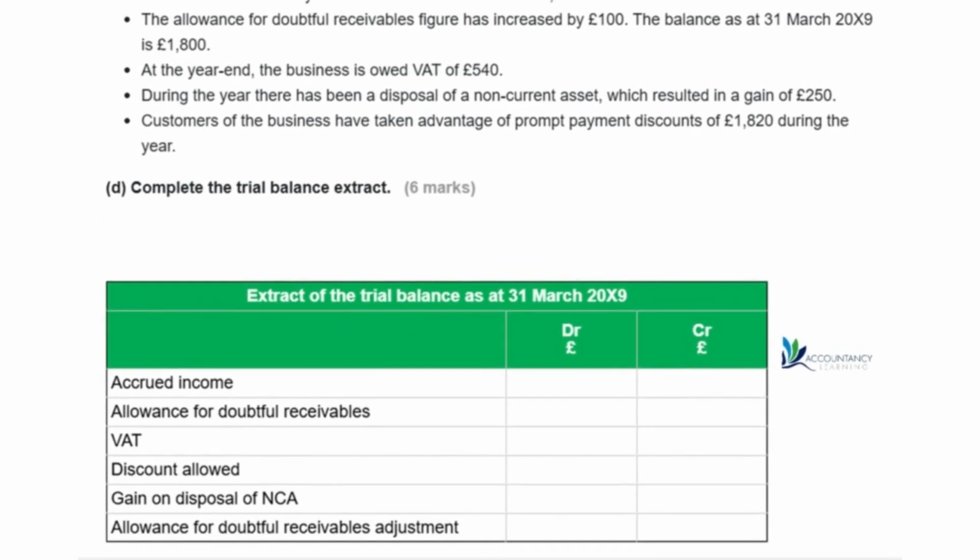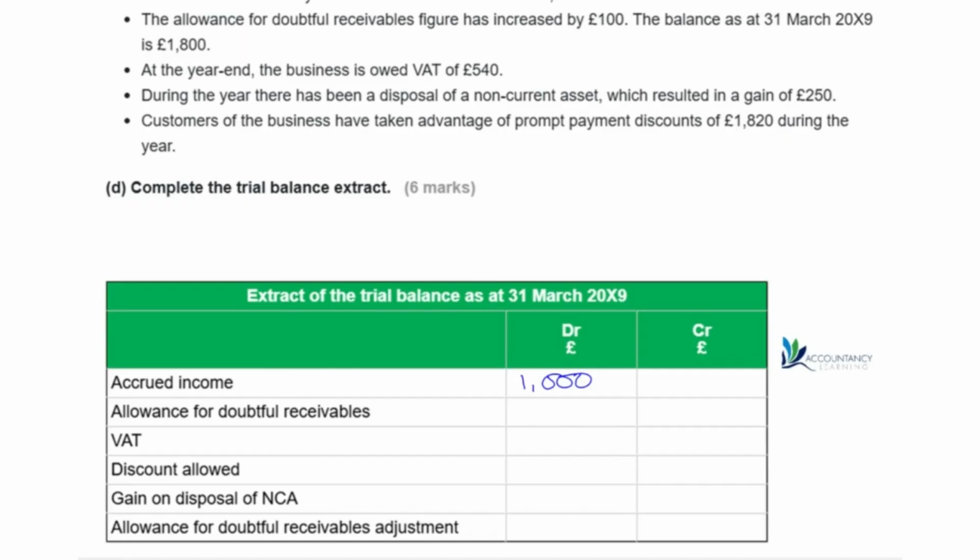So the accrued income then, that means income that we know is for this current period. We're going to credit into our income account, which means we're going to debit our accrued income account.